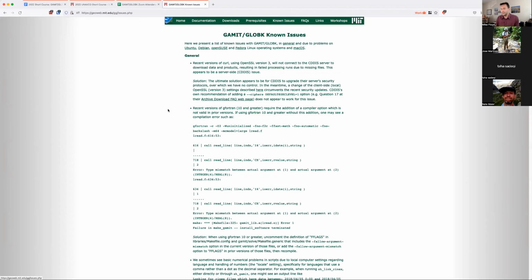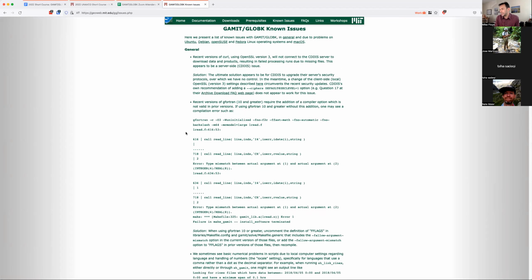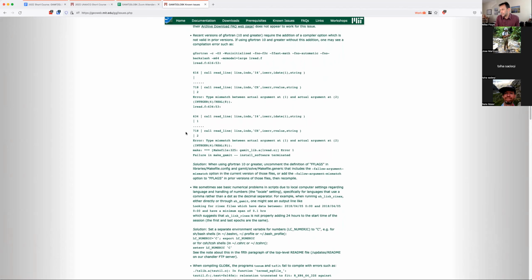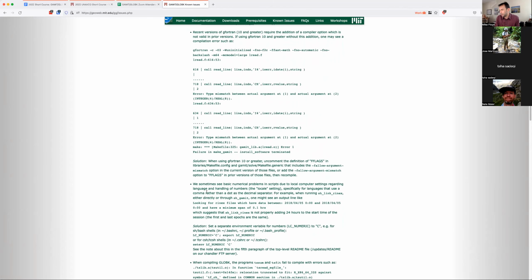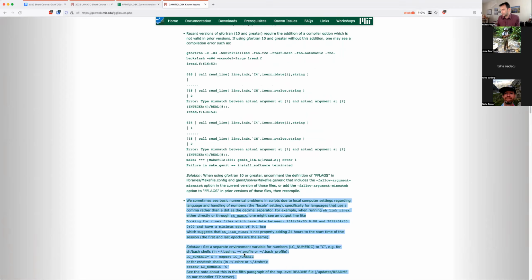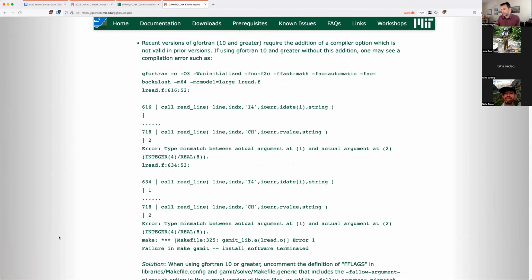So if you ever have some problem that you don't understand, sometimes it's worth going to this known issues page and seeing if we already have a solution for it. In this case, you are seeing the same problem as this third bullet point here. The error message was a little bit different, but the solution is the same.